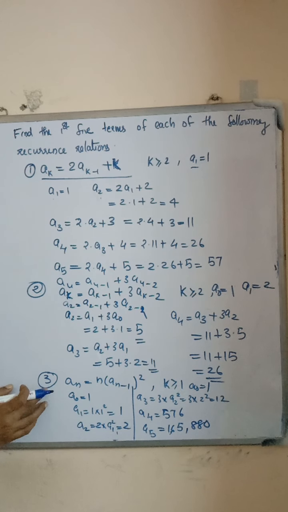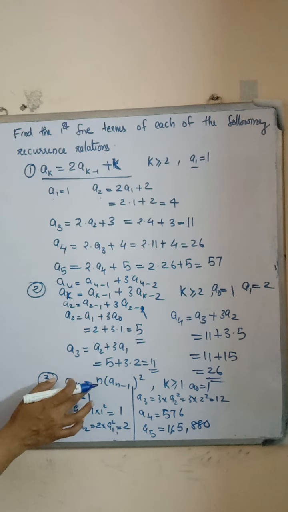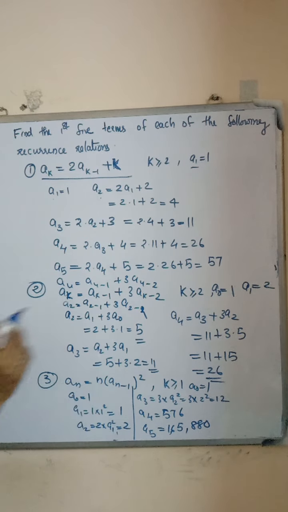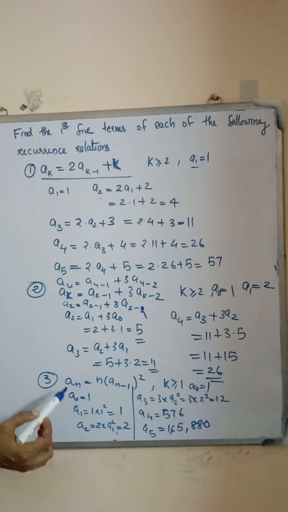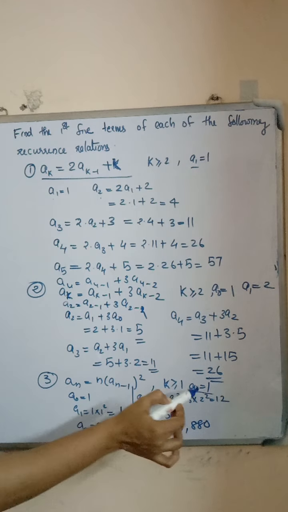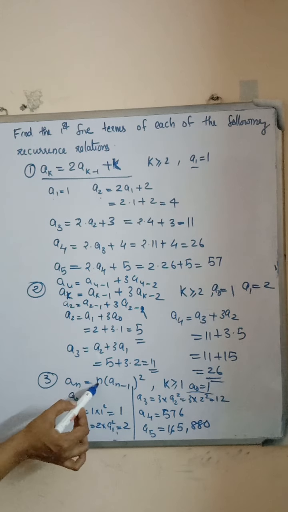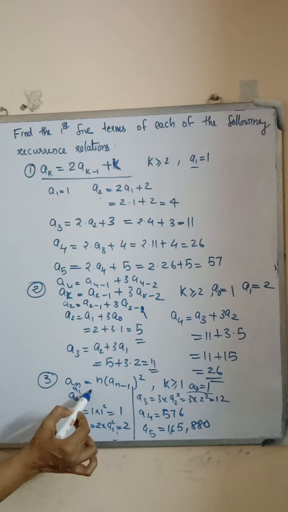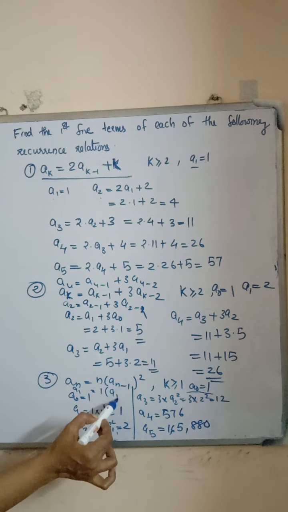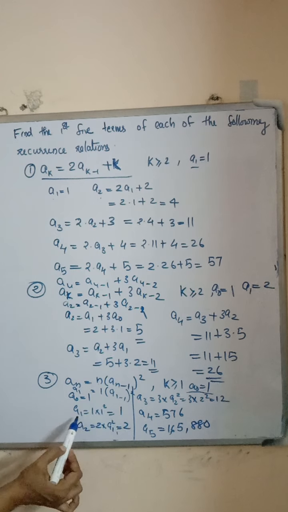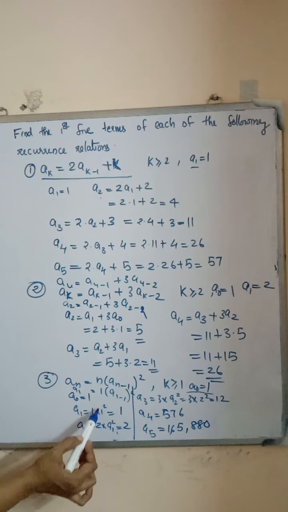Next is the recurrence relation, an is equal to n into an minus 1 whole square. a0 is equal to 1 given. Then a1 is equal to 1 into a1 minus 1 whole square, that is 1 into a0 square, that is 1 square.